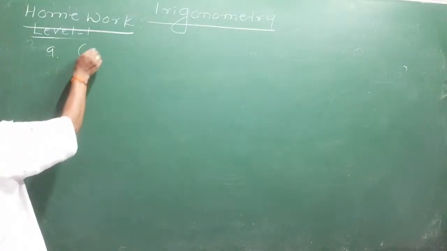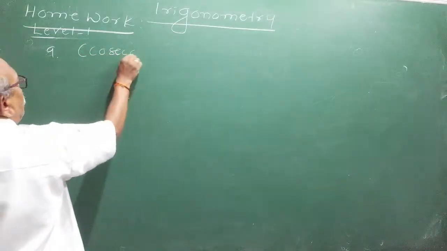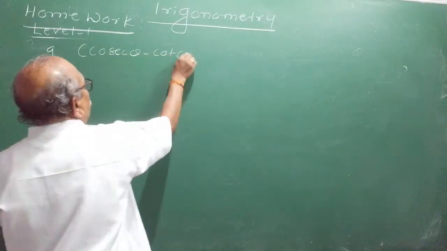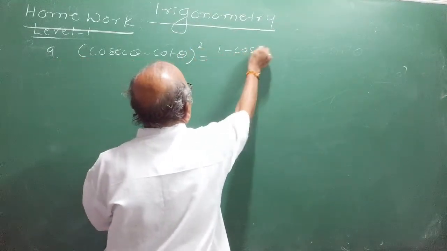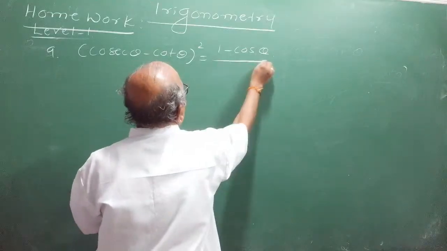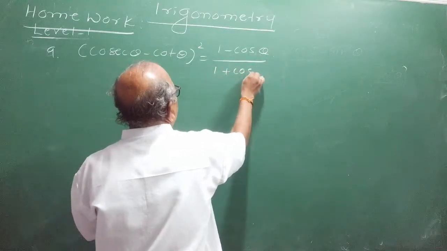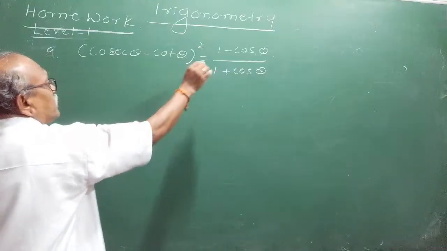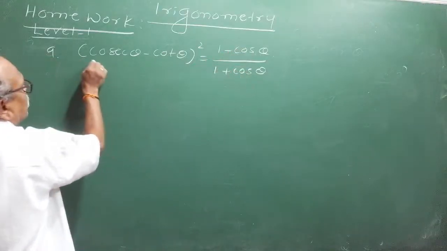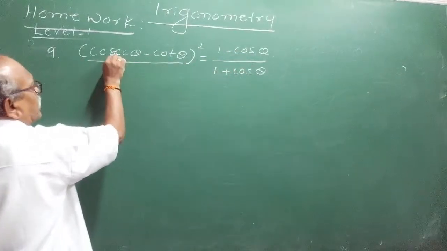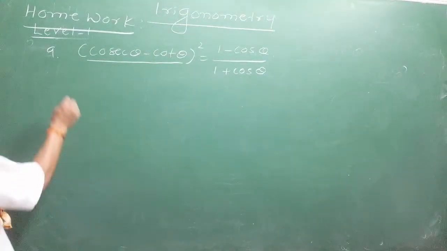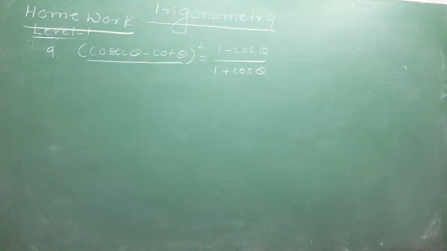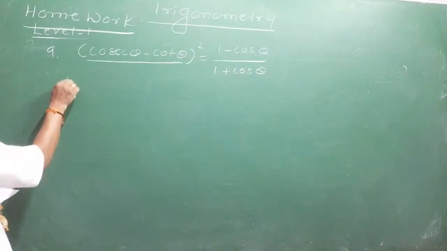It was given that cosec theta minus cot theta whole square is equal to 1 minus cos theta upon 1 plus cos theta. See, whenever there is sin and cos on the RHS, it is better to convert cosec and cot in terms of sin and cos. That is the only trick. Okay, take the left hand side.